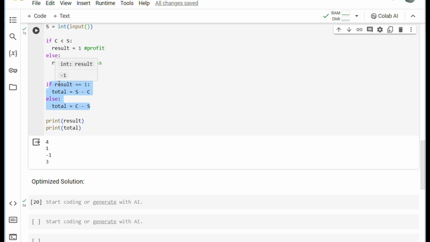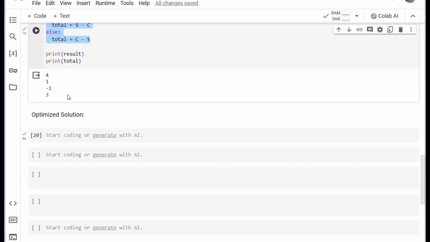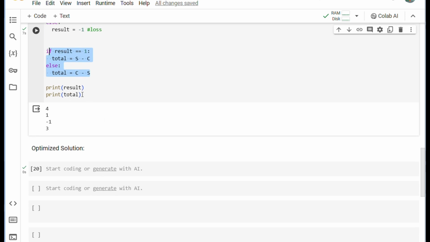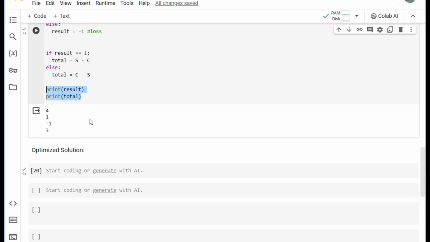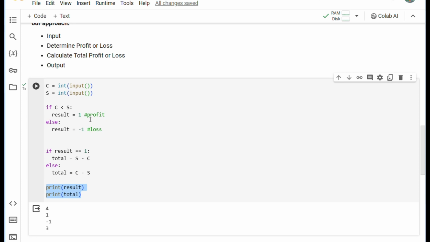ABS means absolute function, so it will always give you a positive result. Got my point? And then we will print the same thing, result and total.